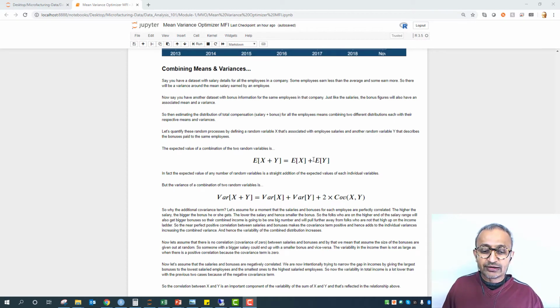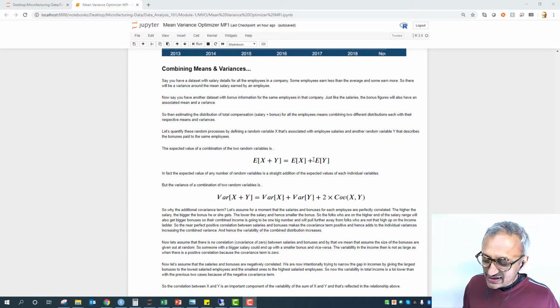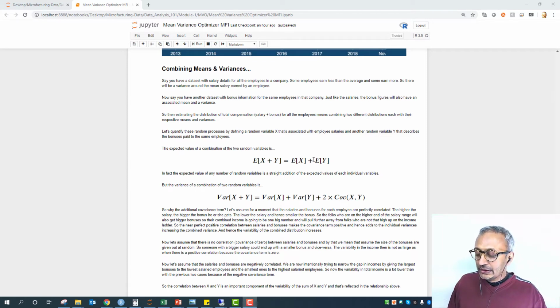There is some distribution around those benefits, in terms of the perks an executive would get versus no perk for a regular employee like me, for example. So even if you have three distributions, you can combine the means straight away and get the average total compensation of a typical employee in that company.